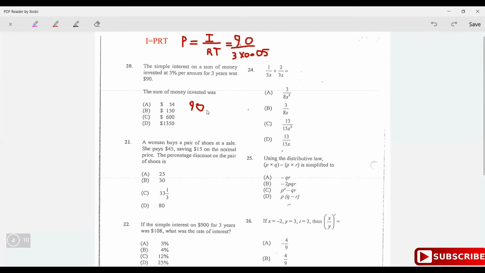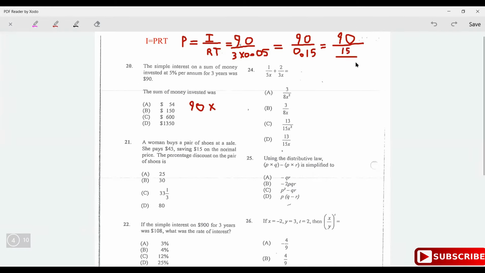So it's 90 divided by 0.15, which is the same as 90 multiplied by, if you're dividing by 0.15, you're dividing by 15 over 100, remember. So this is really, just to write it so you can see what I'm saying, 90 divided by 0.15 is 90 divided by 15 over 100.